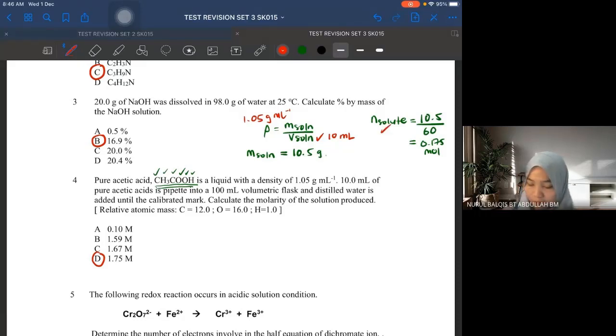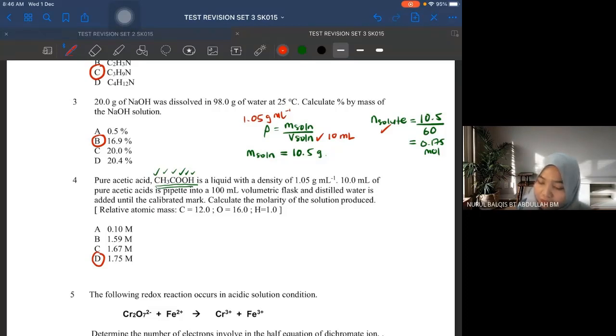Okay, mole of solute sekarang ni, awak tahu yang this 0.175 mole belongs to 10 ml or 100 ml? This number of mole tadi, kita dapat daripada pure kan? Yes. So kita kena cari concentration dia untuk the pure acetic acid.